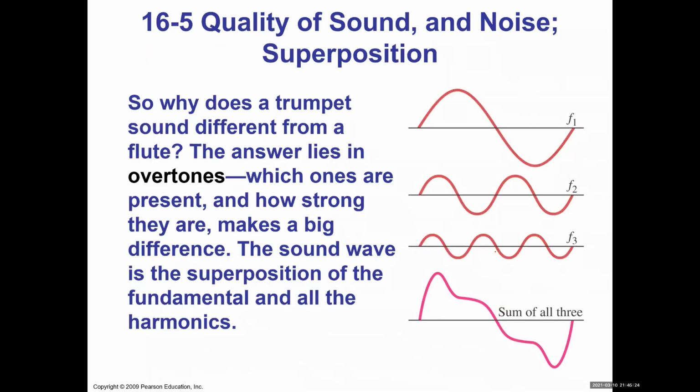All right, here's what we have about quality of sound, noise, and superposition. For example, it says, why does a trumpet sound different from a flute? Well, remember those overtones? When you play a note using some kind of musical instrument, it doesn't just give you one frequency.